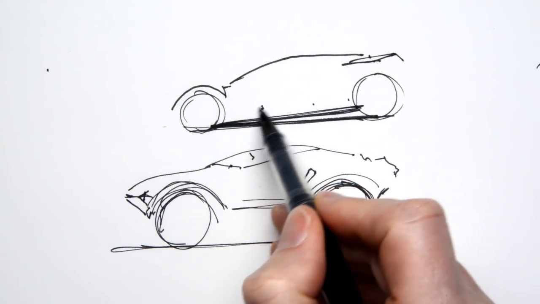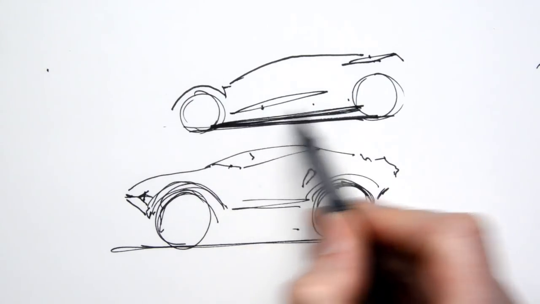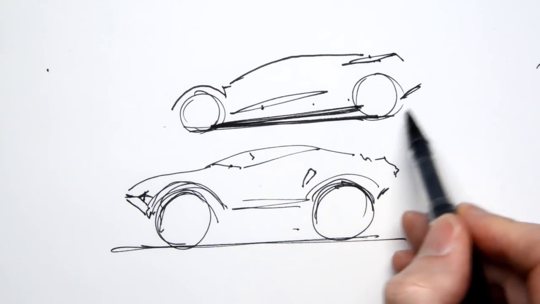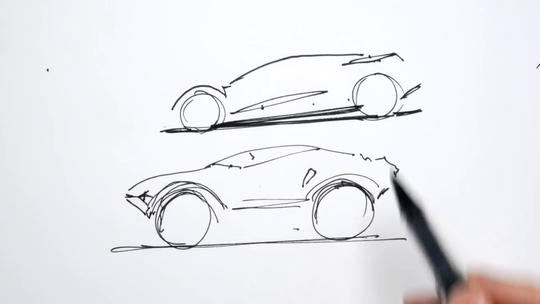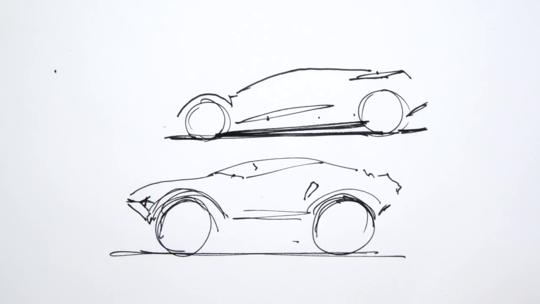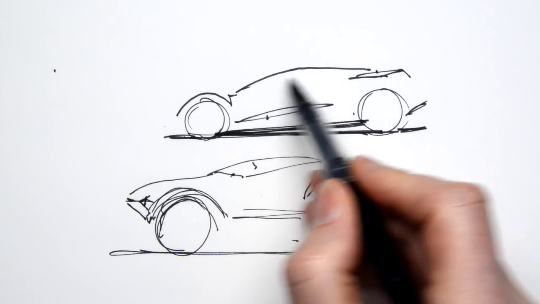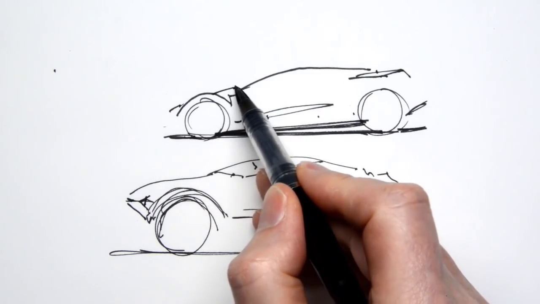So the sooner you start to come to grips with, oh, you know what, this ground plane is always a companion to my object. If the ground plane is always a companion, it's just like the wheels, it's just like a windshield.